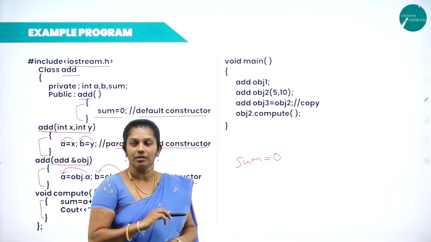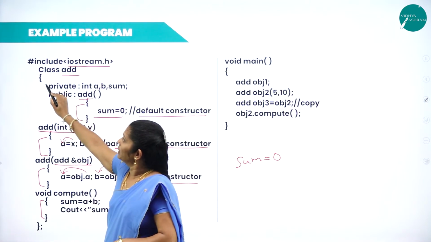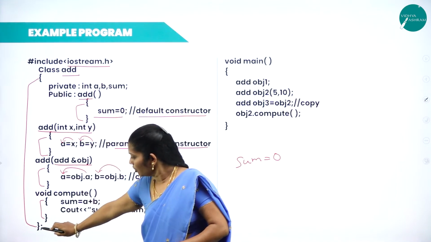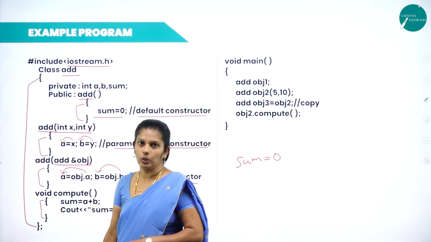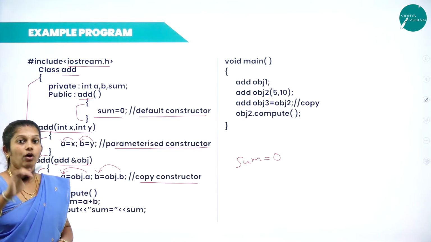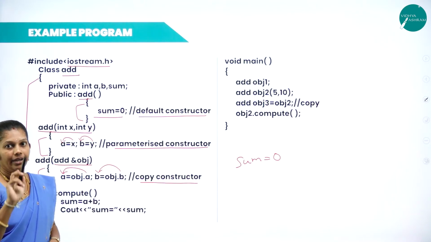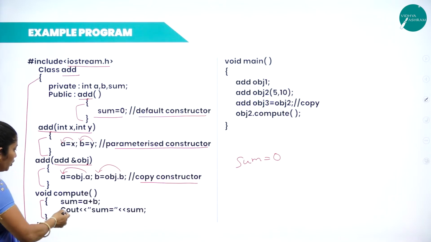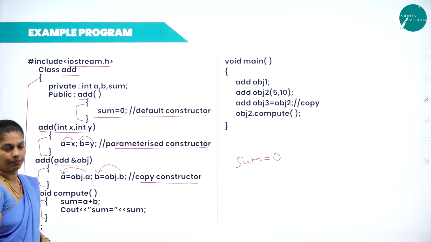But here, we have opened the class, and that class is closed here. To close the class, after the flower bracket you have to put a semicolon. Especially in this program, we have totally 4 functions: default, parameterized, copy, and one more is the regular member function.